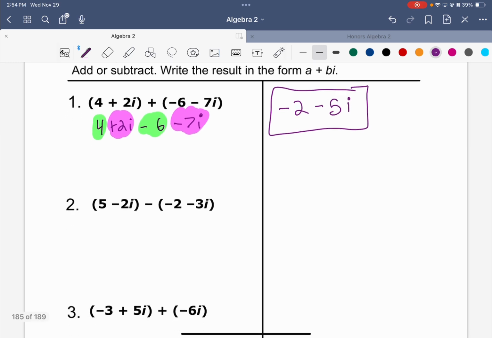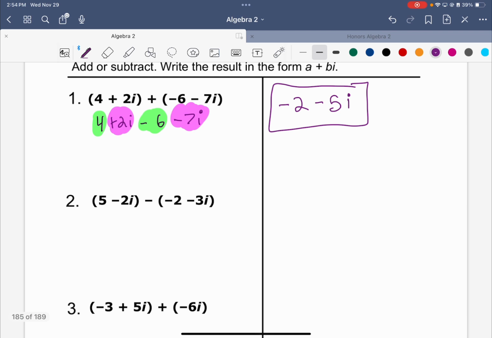When we look at number 2, we've got 5 minus 2i minus -2 minus 3i. When you're subtracting, things become a little bit different. Your first set of pieces doesn't change.